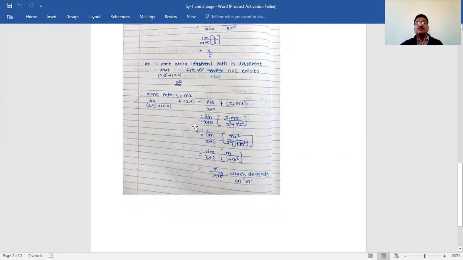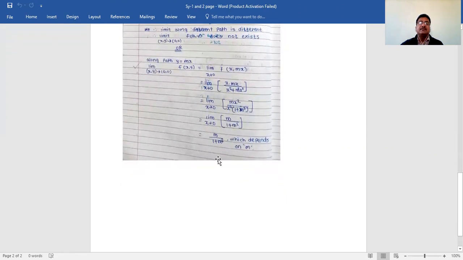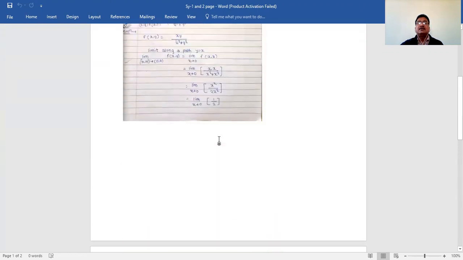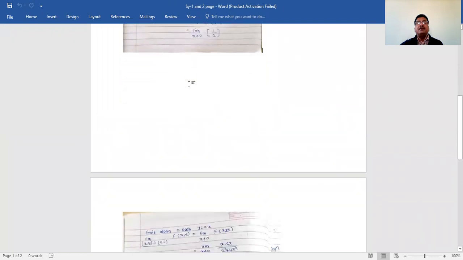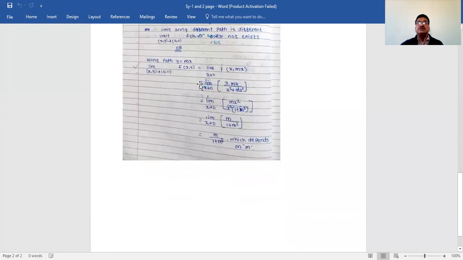There are different paths. We find a path in such a way that the answer depends on m. Or the first method is to find two different paths such that the limits along those two paths are different. So we can use the first method or the second method.